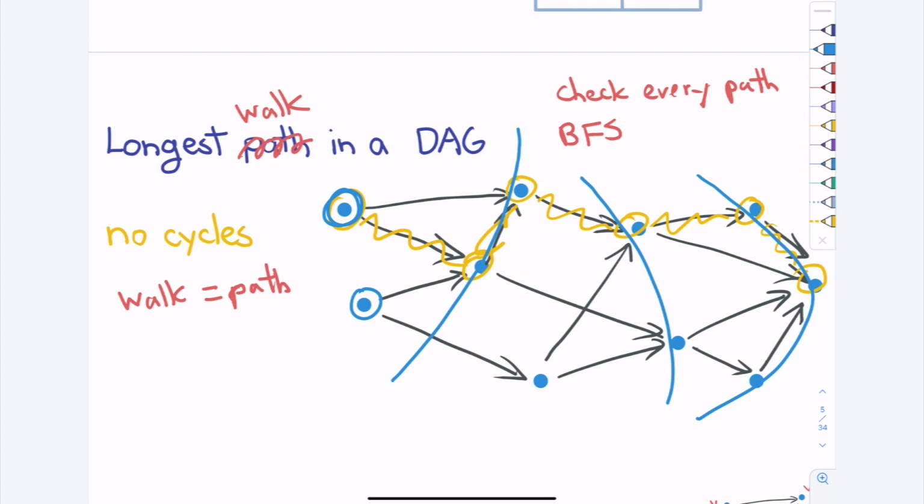So breadth first search is good at something else, and we'll discuss that in greater detail next time. And in particular, it's not actually checking every path. It's actually much more clever. It's finding certain shortcuts.